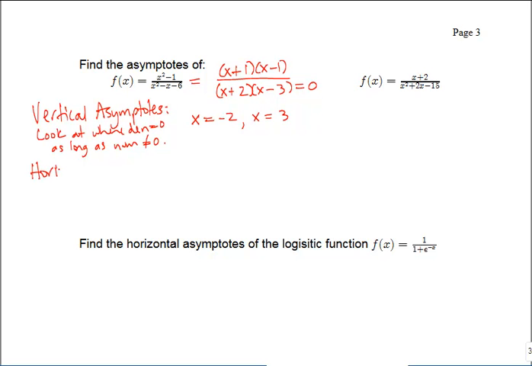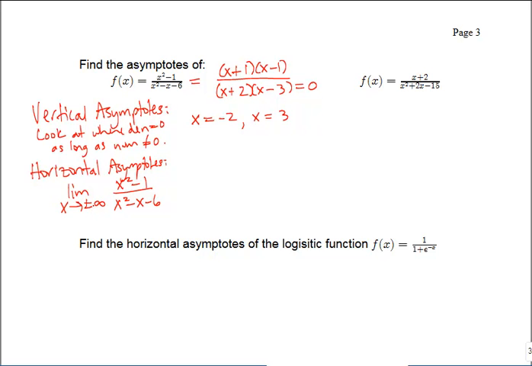Now let's find our horizontal asymptotes. So to find those, that's taking a limit as I go to infinity. So this would be the limit as x goes to plus or minus infinity of this function. Now for rational functions like this, where it's a polynomial over a polynomial, your limit going to positive or negative infinity will be the same. That's always true. So if you have a rational function, you won't need to bother with checking to the right and to the left, going to plus or minus infinity.